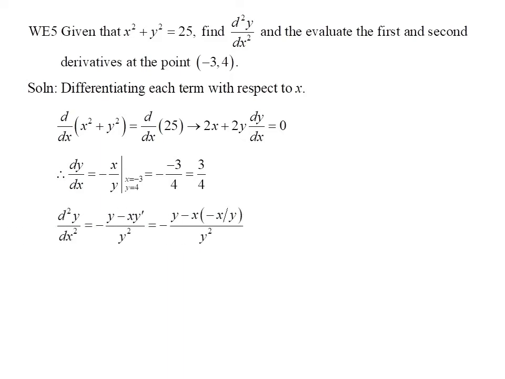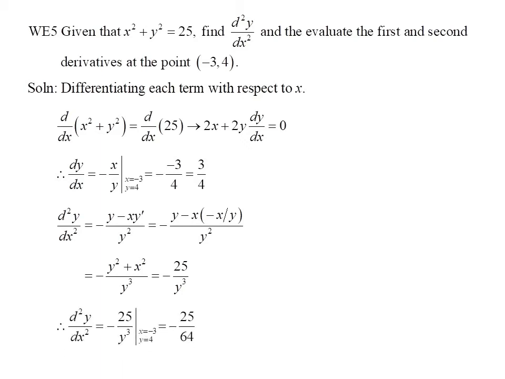Now, based on the first derivative, we find the second derivative d squared y over dx squared equals negative of y minus x times y prime all over y squared, which equals negative y minus x times negative x over y all over y squared, which simplifies to negative of y squared plus x squared all over y cubed, which is negative 25 over y cubed.